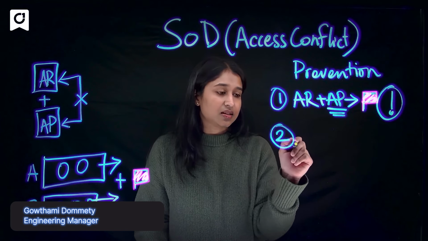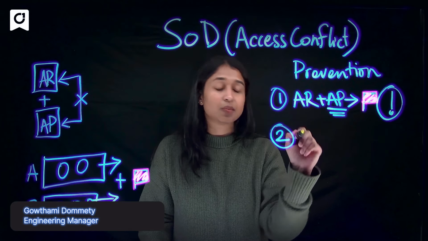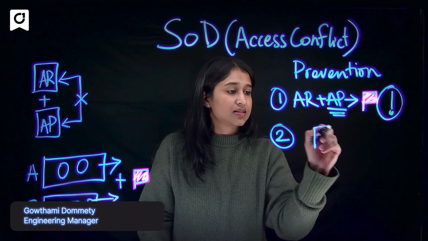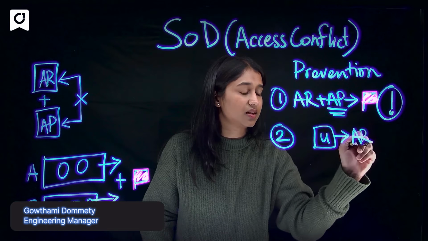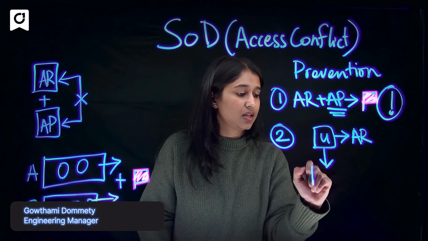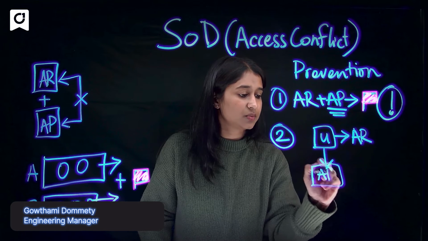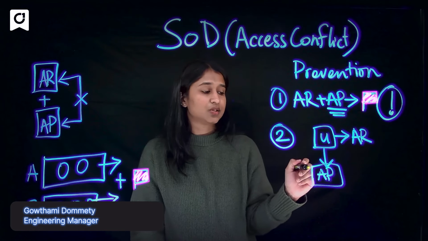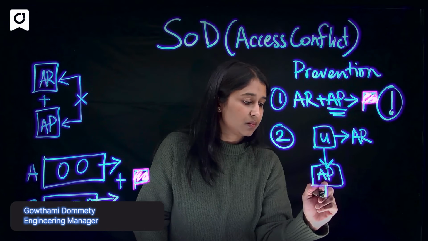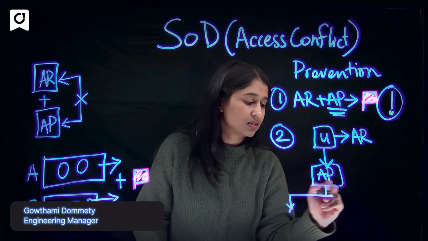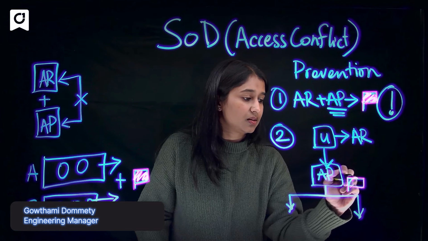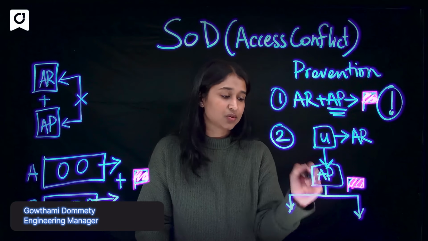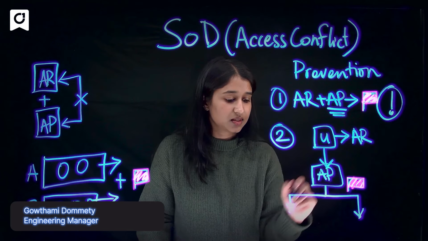The second way to set this up is using our policy engine. Same situation: a user has accounts receivable, and they request accounts payable. Our policy engine can intelligently say that this access might result in an access conflict.